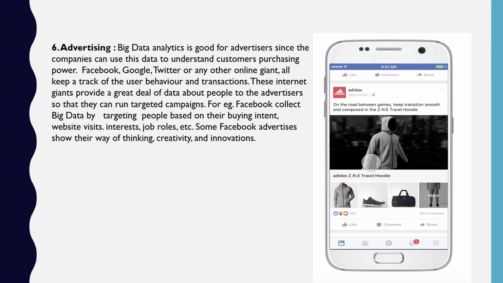For example, Facebook collects big data by targeting people based on their buying intent, website visits, interests, job roles, etc. Some Facebook advertisers show their way of thinking, creativity, and innovation. For example, Adidas, Flipkart, and Myntra.